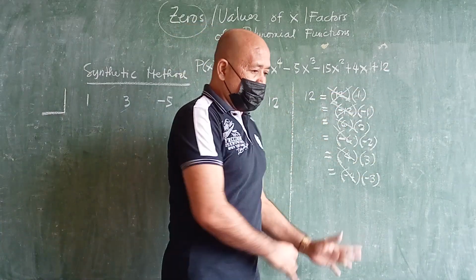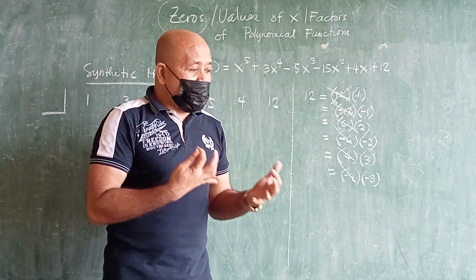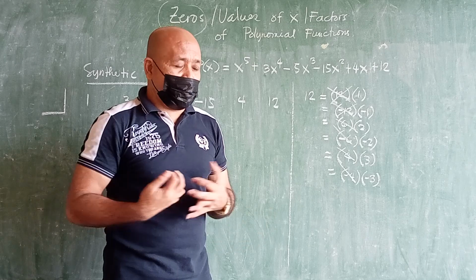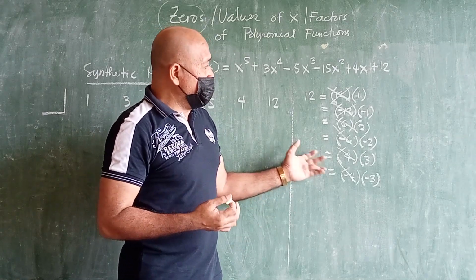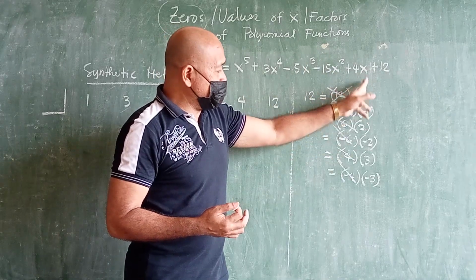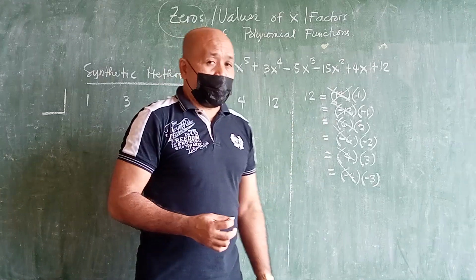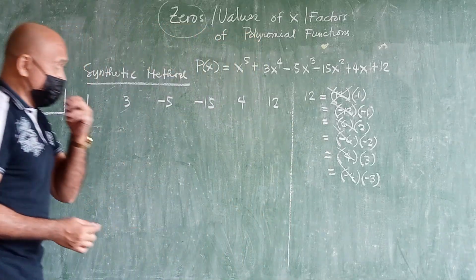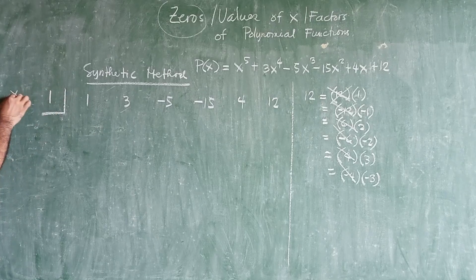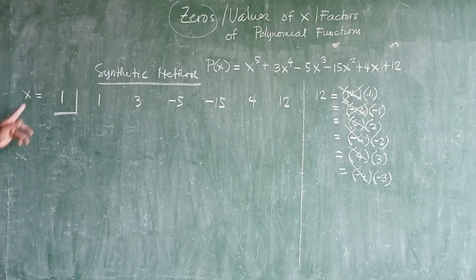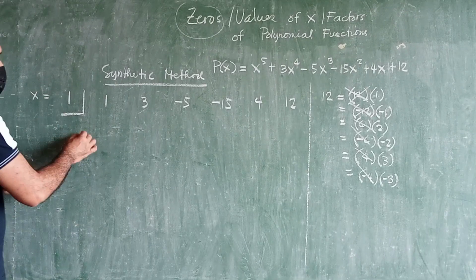After dropping the possible values that could not be considered as values of x, it is now time to try using these values here, smaller factors of 12. So let's begin here. Supposedly, you try positive 1 as your expected value of x. And this is now considered as the synthetic divisor.